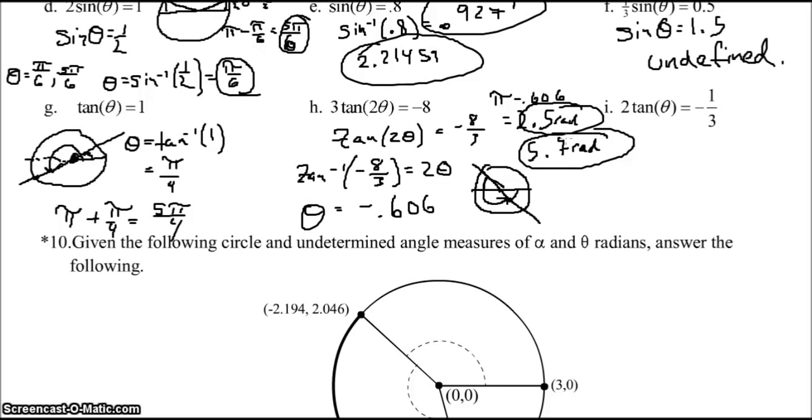So let's see, 2.4 radians, yeah, those are pretty good, and 5.7 radians.